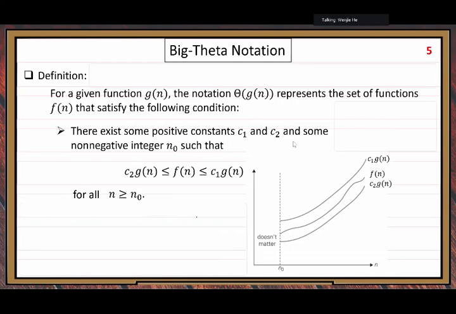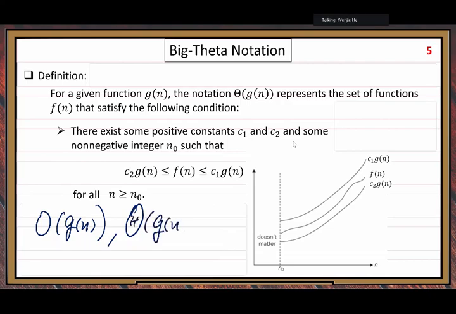But most of the time, later in our discussion, we only use 2 asymptotic notations the most. One is the big O notation, which we use quite a lot.